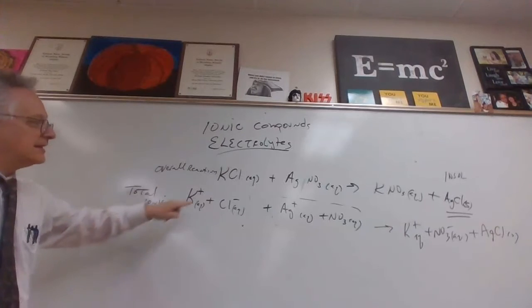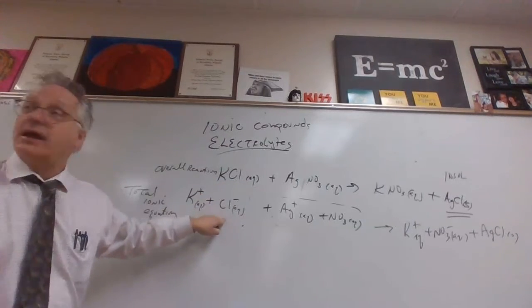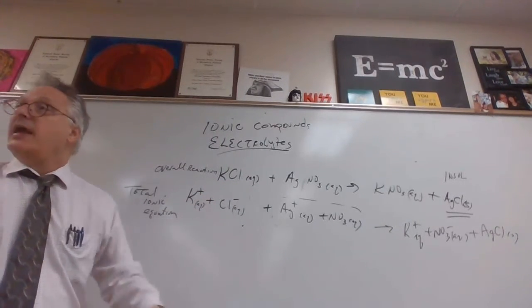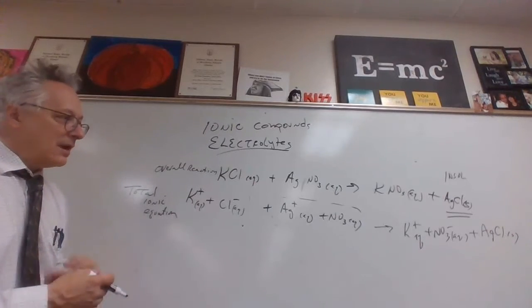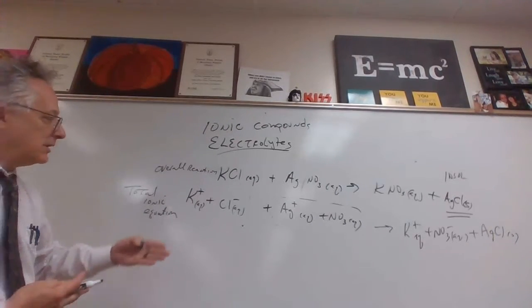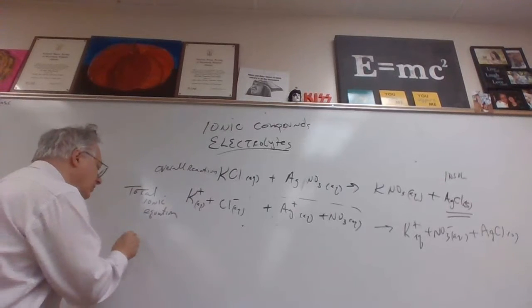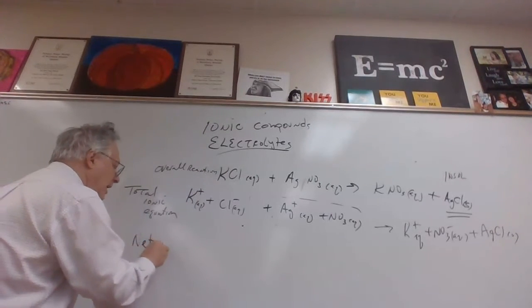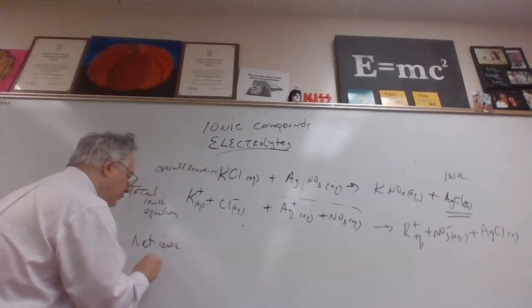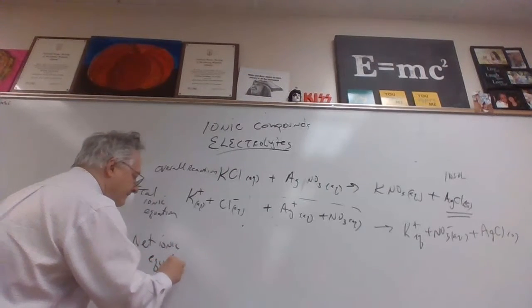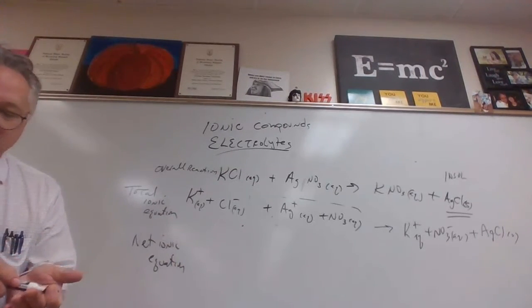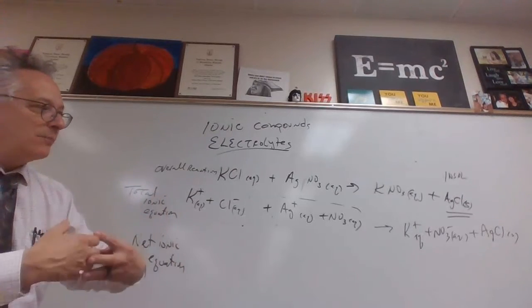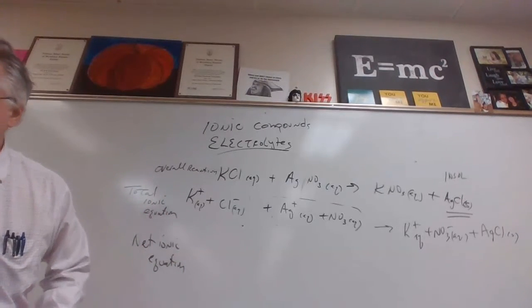And the only difference is everything that's aqueous we break up into ions. And finally, the goal we're trying to get to is to look at something called the net ionic equation. And the net ionic equation is just the equation that represents the chemical reaction.